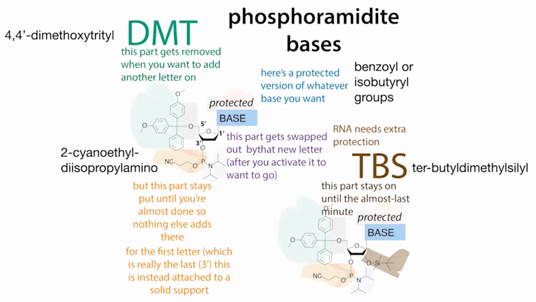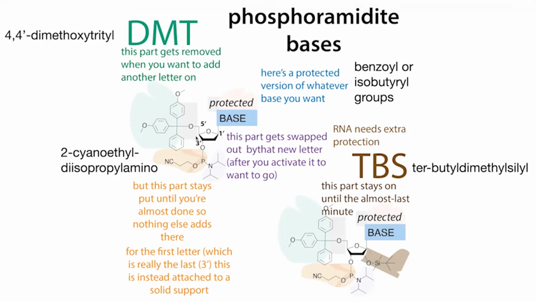And so there are different chemical groups that we can use to protect these various parts. And these groups are chosen in part because of how we are able to selectively add and remove them. So some of the most common groups that are used are like DMT in order to protect this 5' position, and we often use TBS to protect that 2' OH.